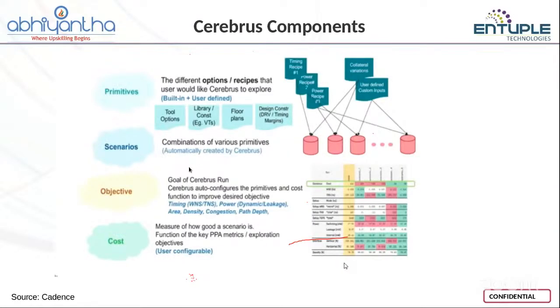We also have various scenarios, and all these scenarios are automatically created by Cerebrus. Then the main and final objective is cost effectiveness. Cost effectiveness is a very important parameter in designing, so we need to reduce the cost, and Cerebrus will take care of this.